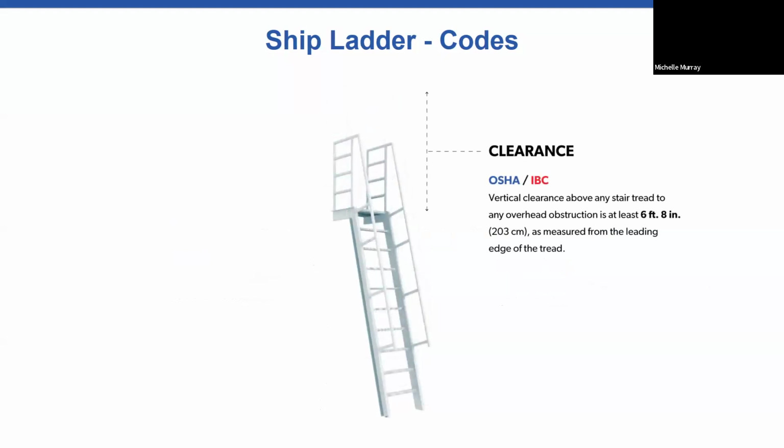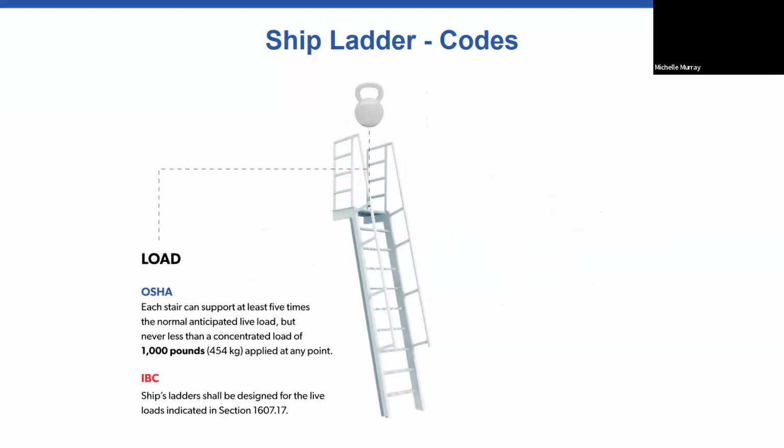The clearance for OSHA and IBC is minimum 6 foot 8 inches in vertical clearance. For the loads, OSHA is 1,000 pounds. And for IBC, you need to reference the code for fixed ladders.